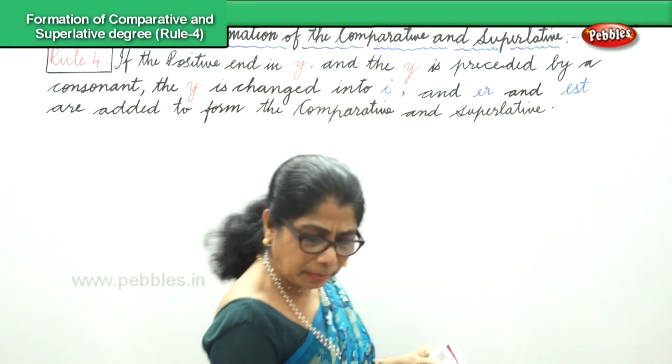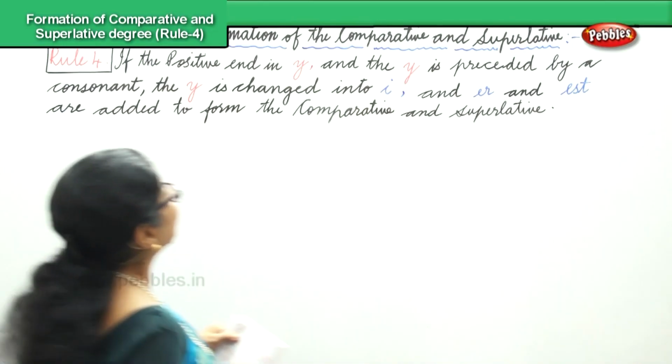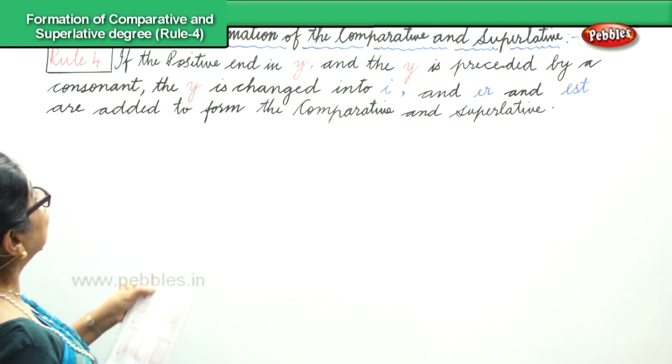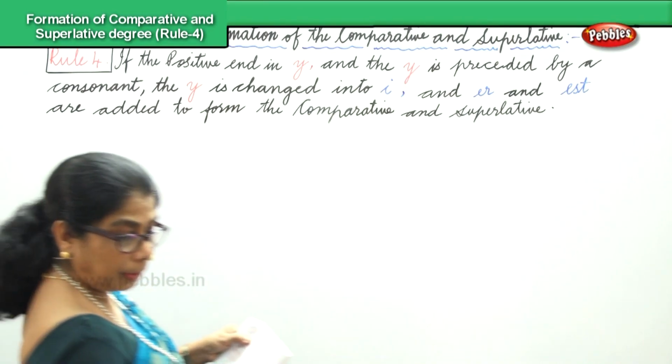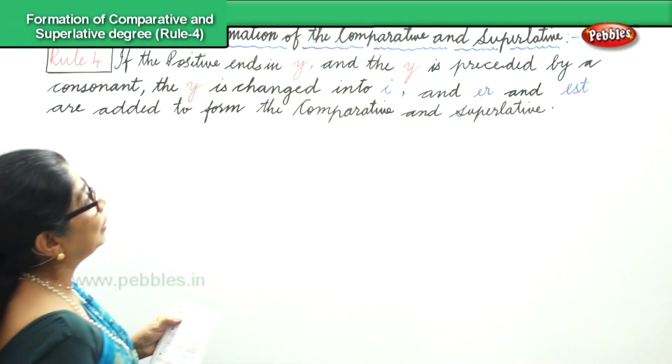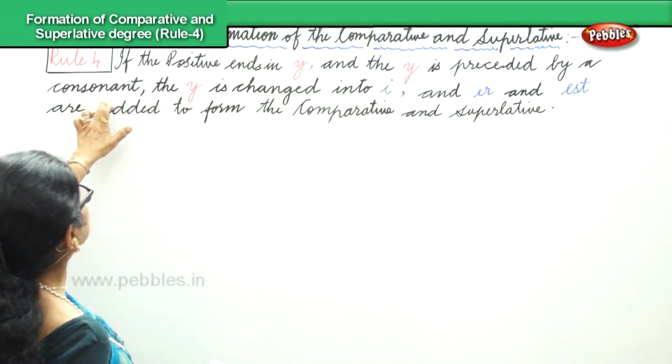Okay, let's look at rule number 4. Rule number 4 says positive ends in Y, and the Y is preceded by a consonant.